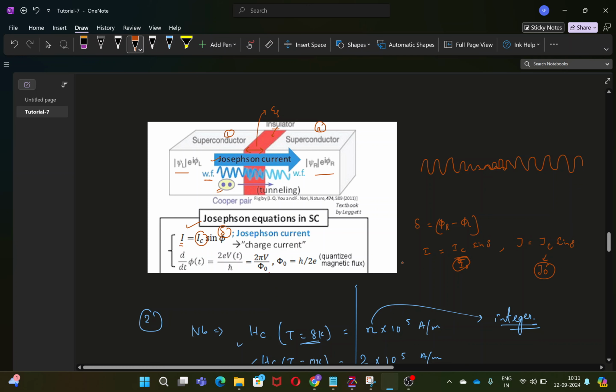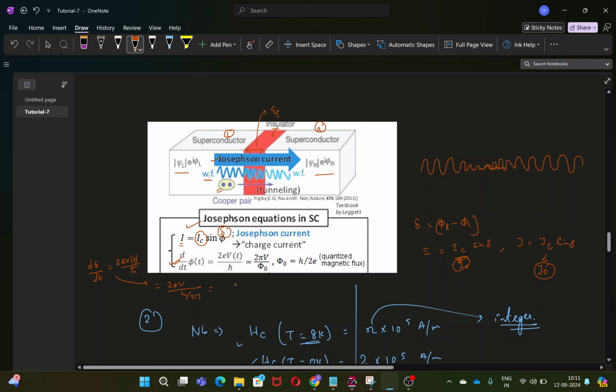Okay. And the second equation is the time derivative. So instead of phi t, you can write it as delta for better understanding, so that there is no confusion with any other phase. So d delta dt equal to 2eV by h cut, that as I had mentioned earlier. And these two equations we had used to actually solve the first question. So this can also be written as 2 pi V by phi naught, because if you just decompose it, it is 2eV by h cut, which means h by 2 pi, right?